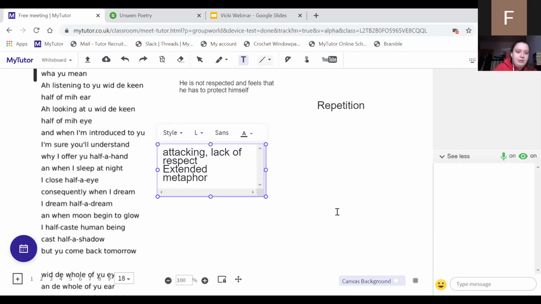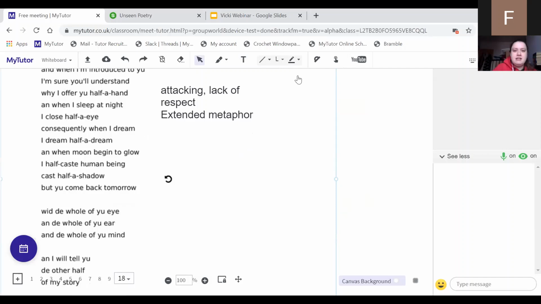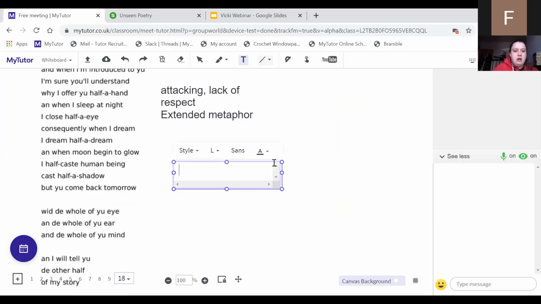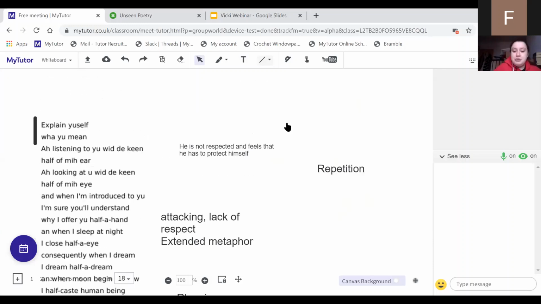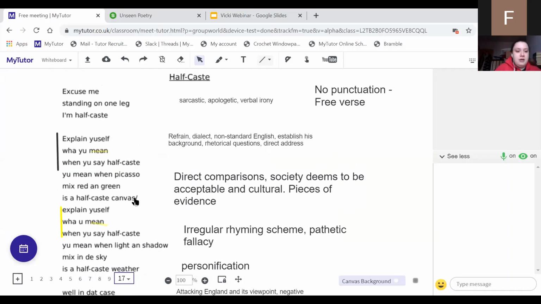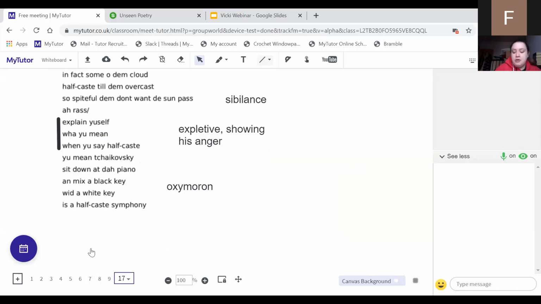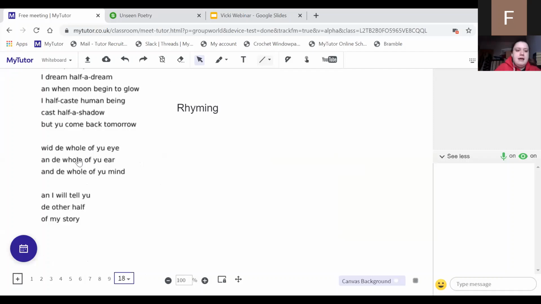And then we've got some really nice rhyming going on down here. So we've got, I apologise that I'm rushing through this, guys. So we've got some really nice rhyming of shadow, glow, tomorrow, really irregular stanza lengths, which is quite common in free verse, but you'll notice that the majority of his argument, so he starts off and then he builds up and has a really big stanza and then brings it back down again.